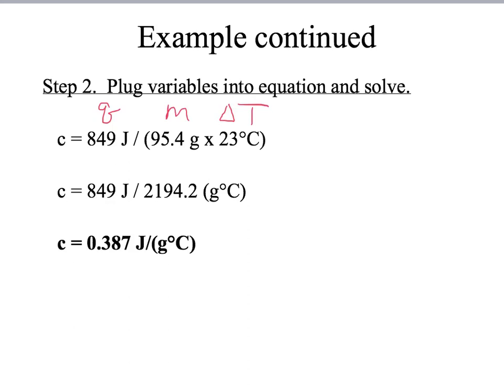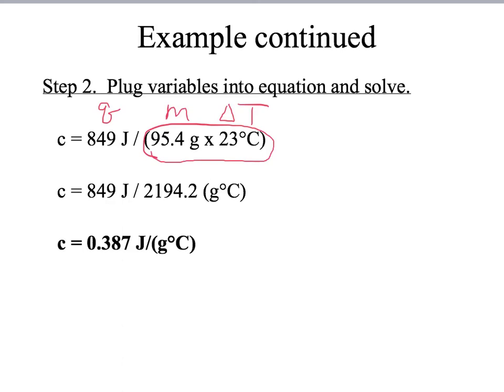So once we've plugged in all the values, we can go ahead and go through the order of operations and solve. So very first thing I'm going to do is multiply this 95.4 grams times 23 degrees C. After I've multiplied this, I end up with 2,194.2 grams degrees Celsius.